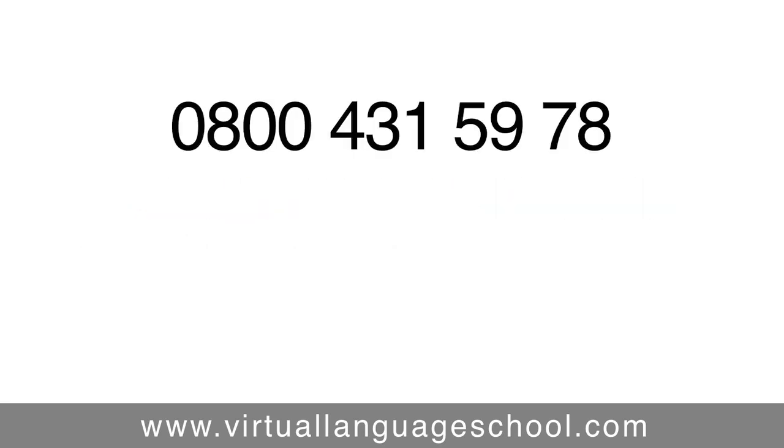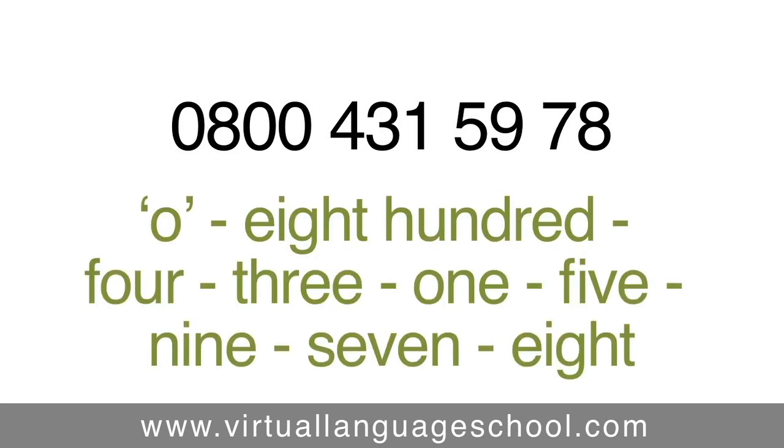Do you know how to say this telephone number? 0800 431 5978. Notice how, although this number is actually 0, people often say the letter O instead when giving phone numbers. This is a curiosity that often surprises learners of English at first, but is very common.